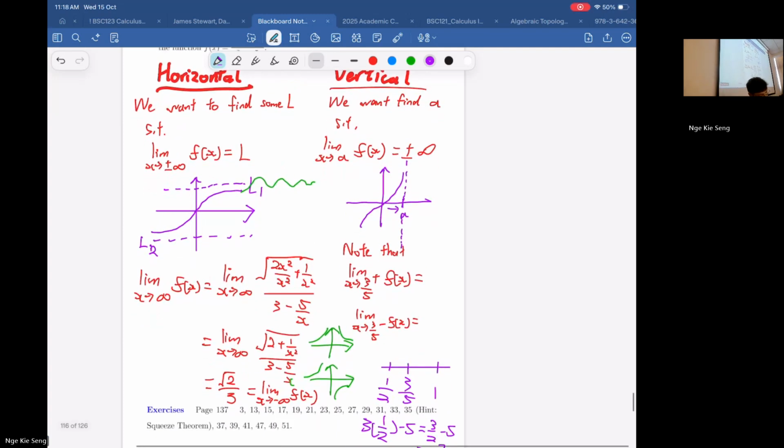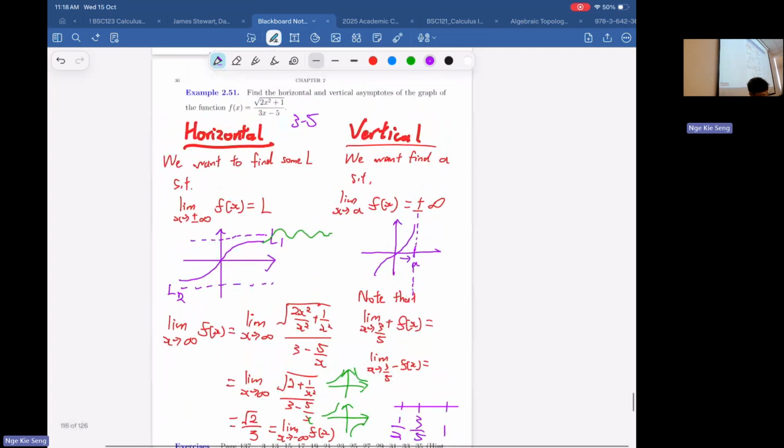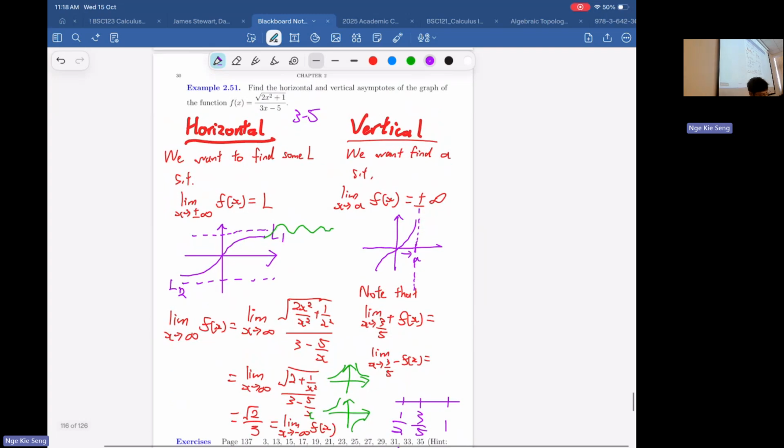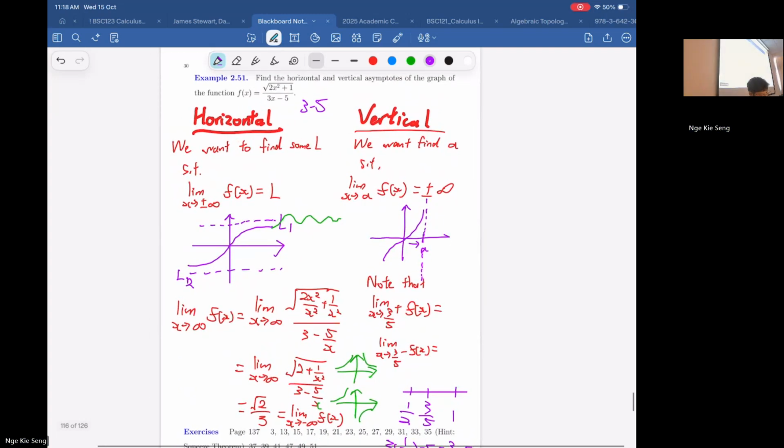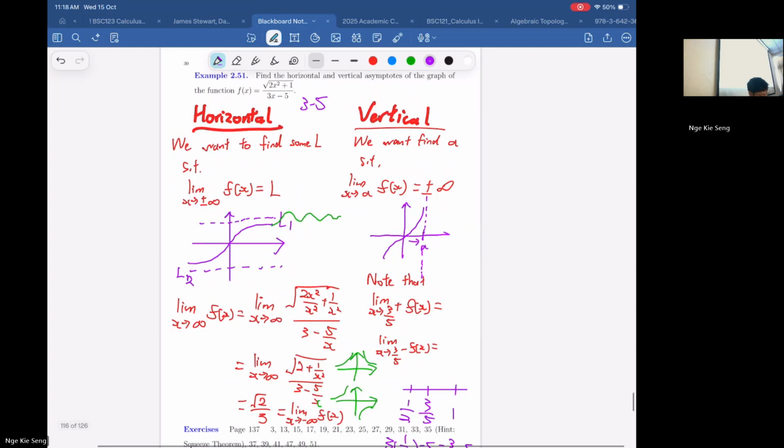What's going on here? 3 times 1 minus 5. Should we plot this out? I don't think we need to plot it.